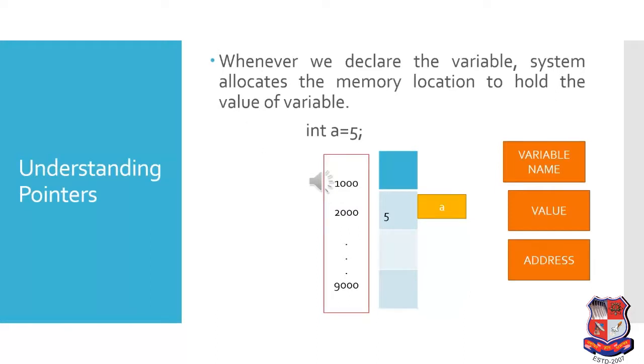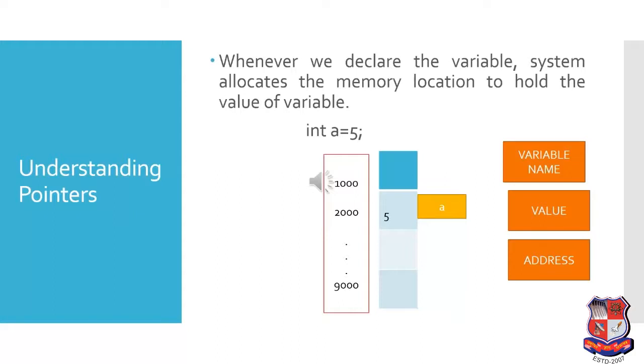Now, whenever we declare a variable, the system allocates memory to that variable depending on its data type. Now tell me, why does a variable need memory? It's simple, to hold the value of that variable.